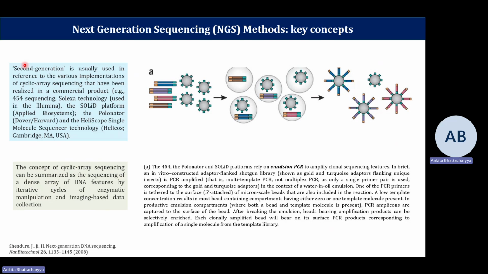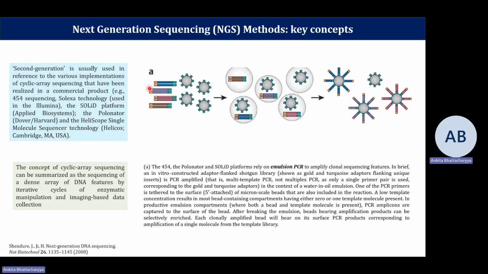It refers to the sequencing of a dense array of DNA features where there are iterative cycles of sequencing of the same region, and collecting the data using imaging based detection strategies.